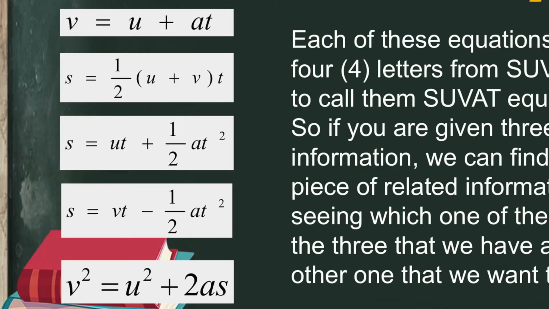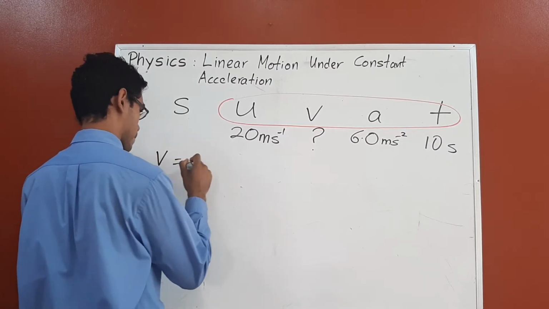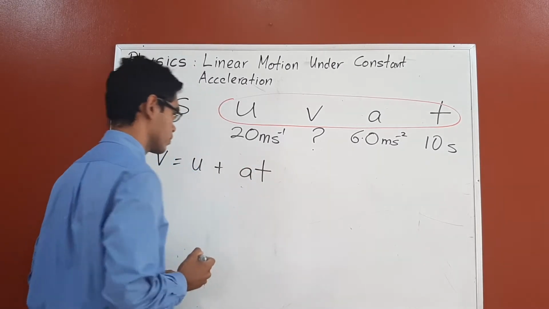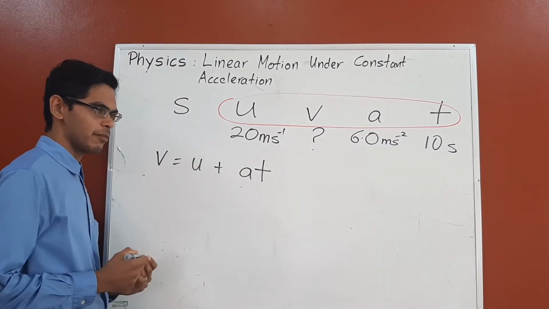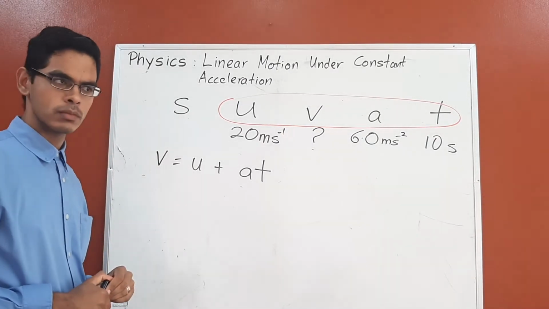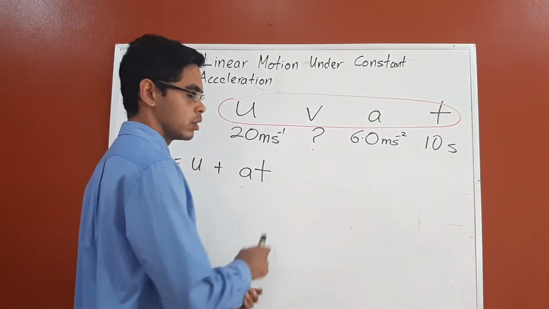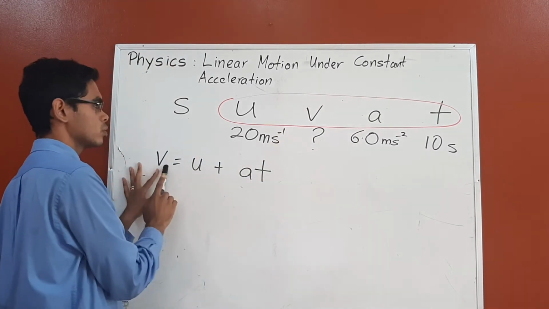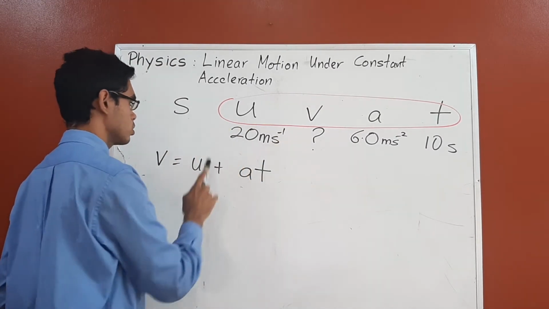Now, a good candidate seems to be this one. Does this have everything that we need? Let me see. V, we don't know, so check. U, check.